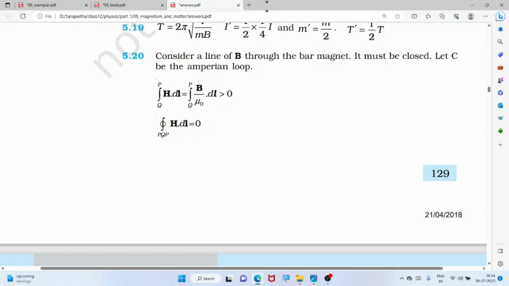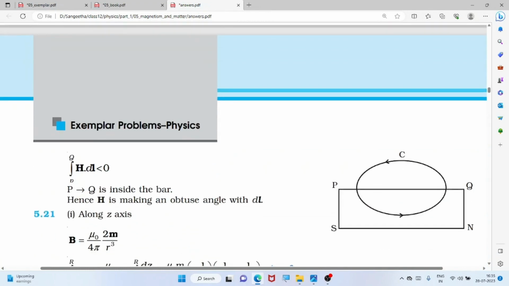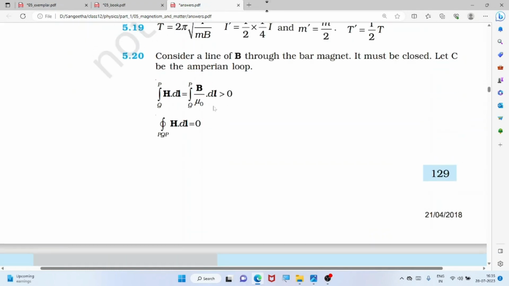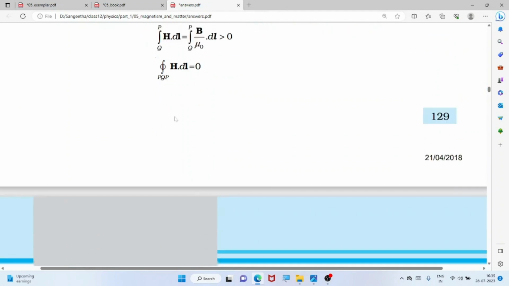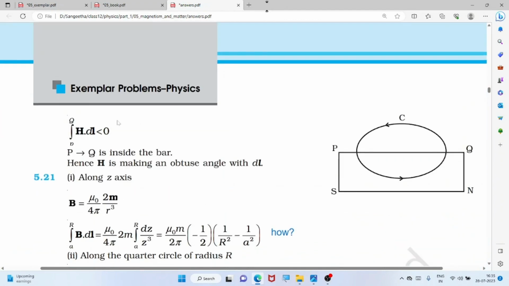In the loop, the integral of H dot dl will be 0. So when this is 0 and this is greater than 0, then the other will be less than 0. From that you can make out the direction of H. So this is that loop.